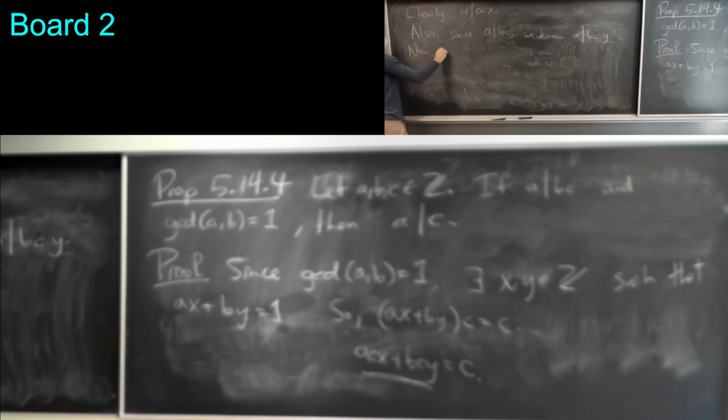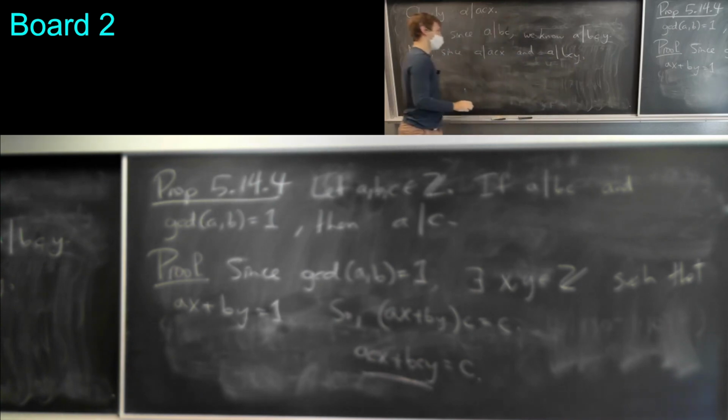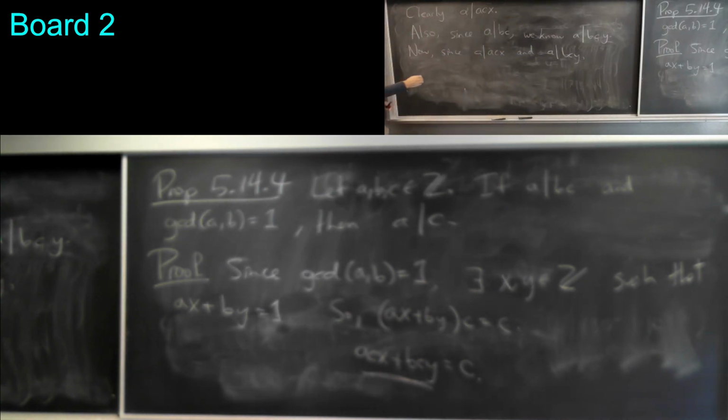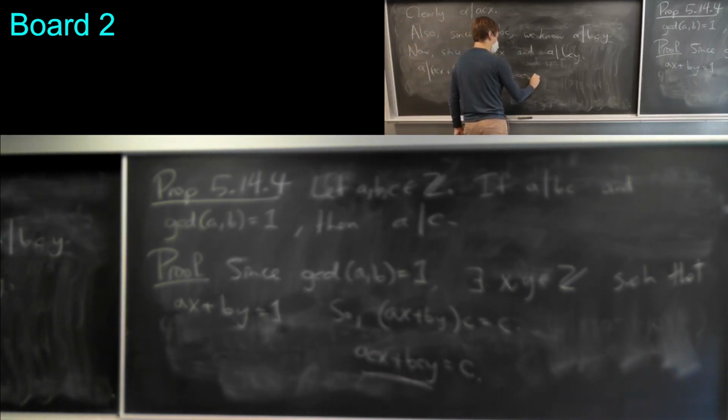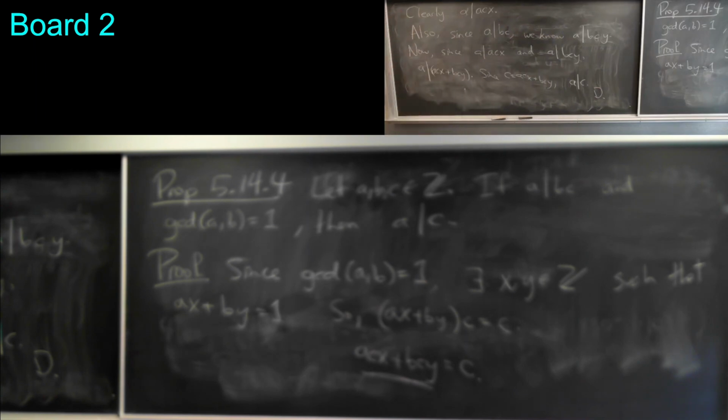Now, since a divides acx and a divides bcy, a divides the sum of these two things. So a divides acx plus bcy. But since c is equal to acx plus bcy, we know that a divides c. So that completes the proof.